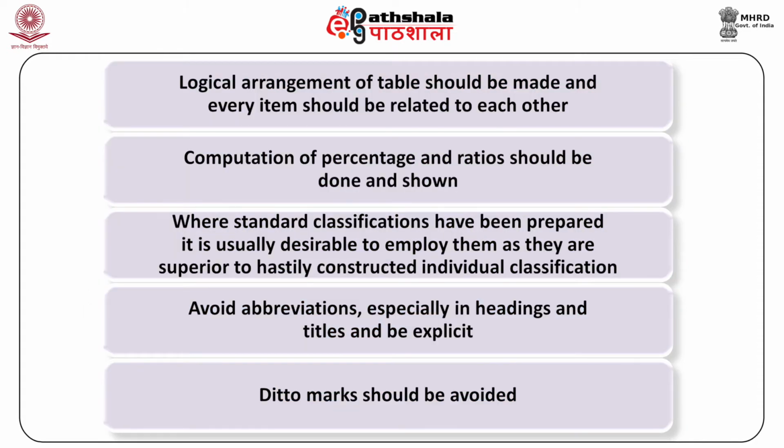Logical arrangement of tables should be done and every item should be relatively placed. Computation of percentages and ratios should be done and shown. Where standard classifications have been prepared, it is usually desirable to employ them as they are superior to otherwise constructed individual classifications. Avoid abbreviations, especially in headings and titles. Be explicit and ditto marks should be avoided.